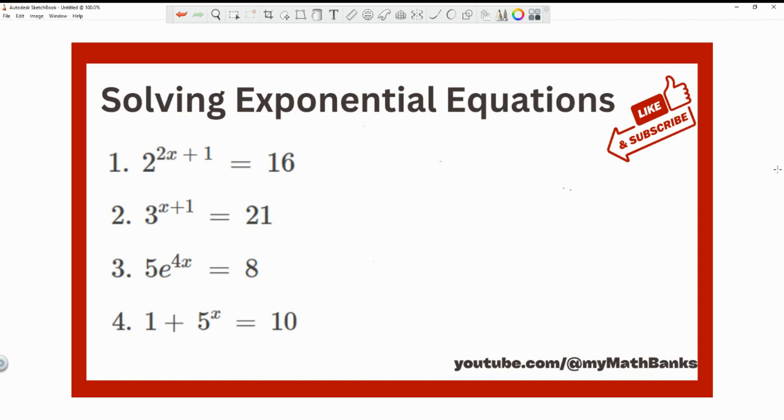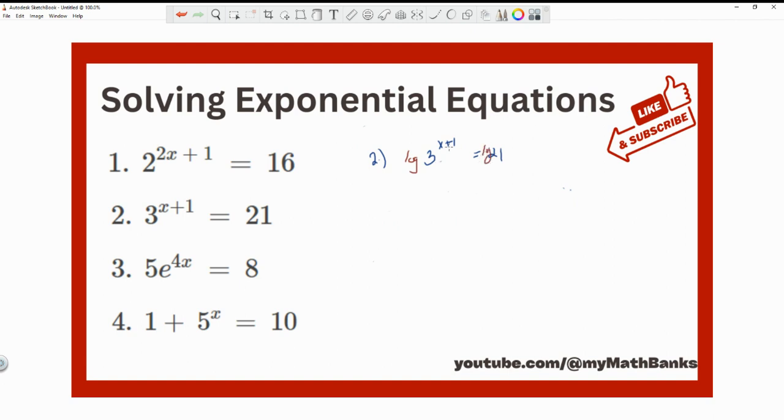So now for number 2, you have 3 to the power of x plus 1 equals 21. Now I want to change this one to log form, so I'm going to add log on both sides. I'm going to put log in front of this and also log in front of the 21.